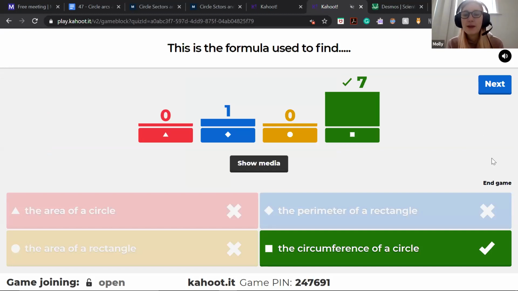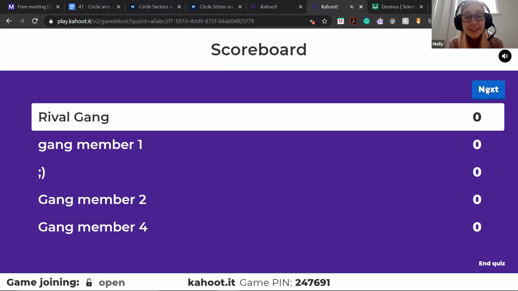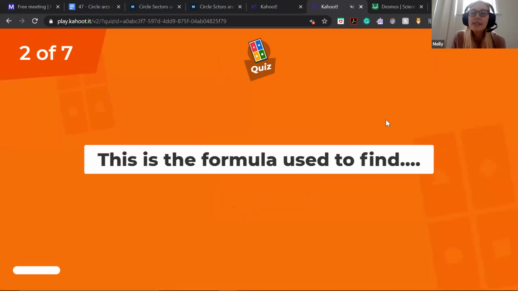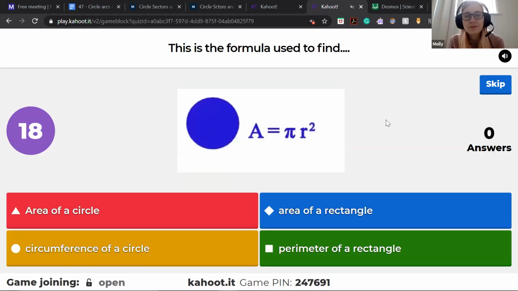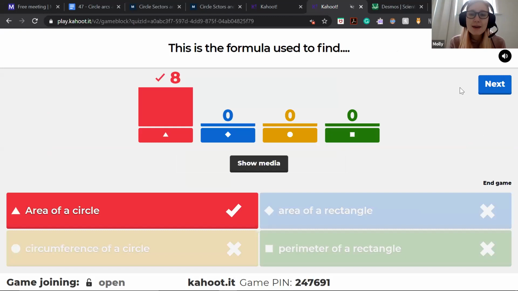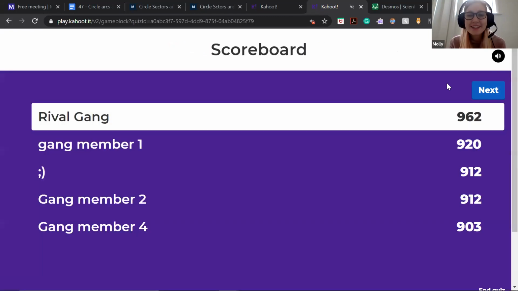And the person who picked this one might have just seen perimeter and got a bit excited. But yeah, that one's the circumference. And what is this formula? Super speedy. I might skip because the 9th person didn't actually vote last time. Yeah, perfect. Well done. 100%.